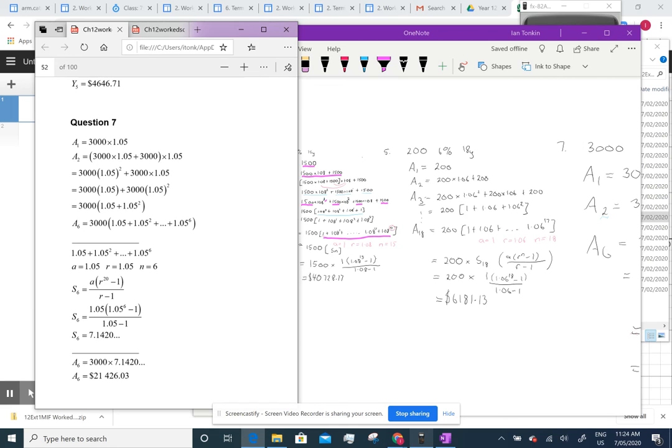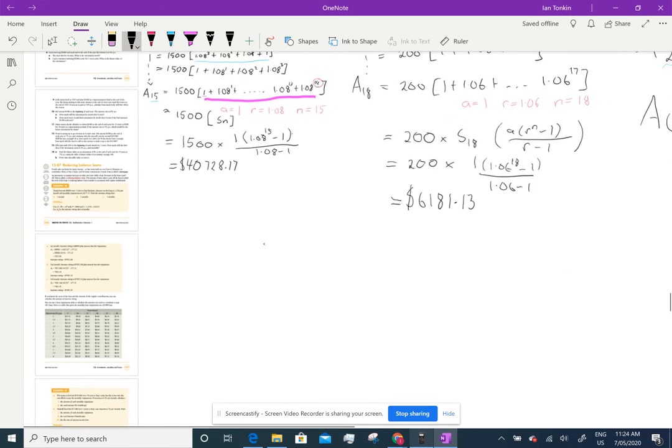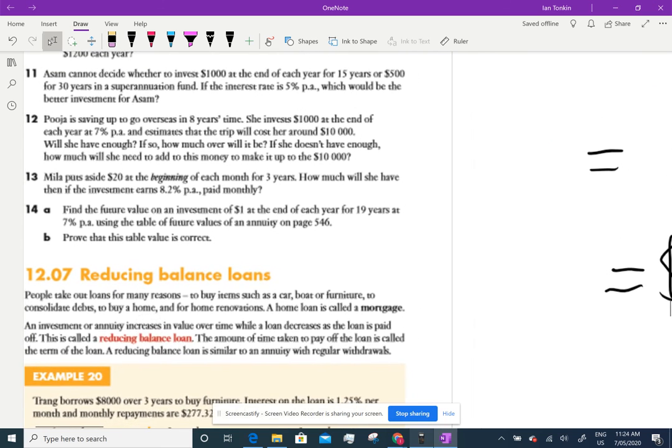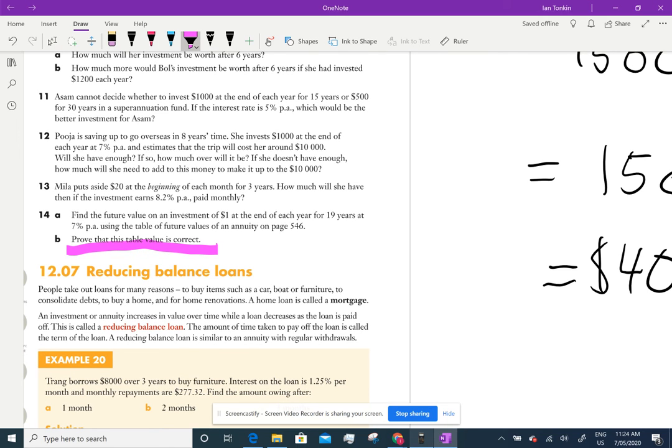When they find S of 6, see that S of 6? That S of 6 is a number that goes in the table. That S of 6 or S of whatever is a percentage rate that an annuity would go into the table for. All right? But I'll do another video on that later.